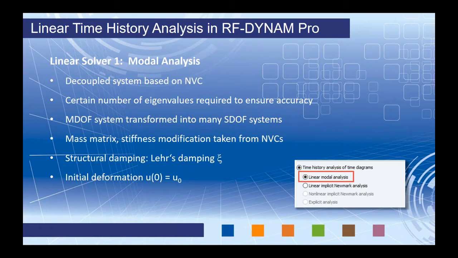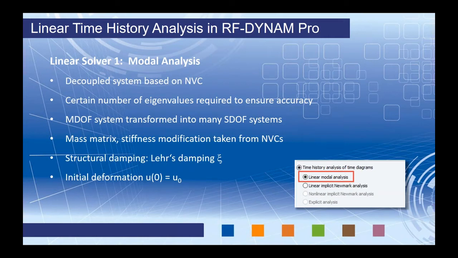If you set the eigenvalues in the natural vibration case to something that's far too low, then your results are not going to be accurate when it comes to the time history analysis utilizing the modal analysis solver. This is a multi-degree of freedom system transformed into many single degree of freedom systems. We have some more information on this in our manual and in our literature, and some verification problems are available on our website if you're interested to see exactly how this works.